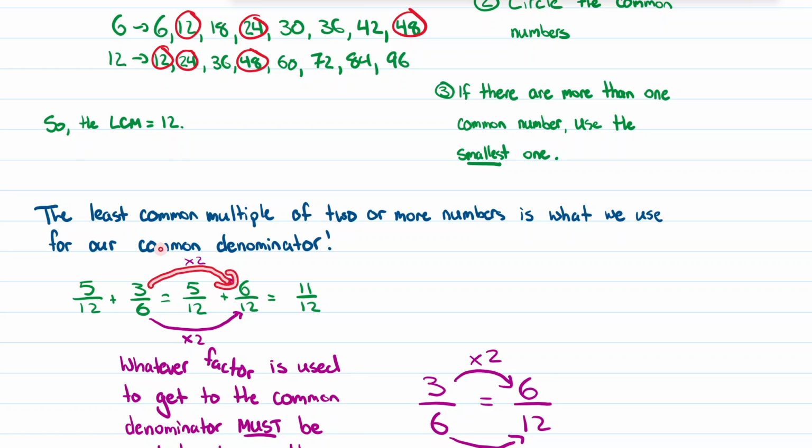So if we multiply this bottom number by 2, we also need to multiply that 3 by 2. This is called an equivalent fraction. So we know that 3/6 is equal to 6 over 12. It's the exact same thing.